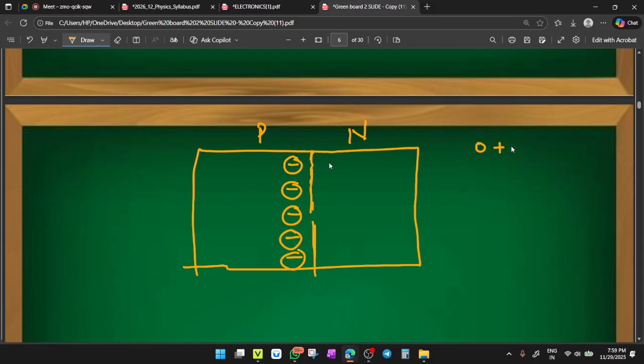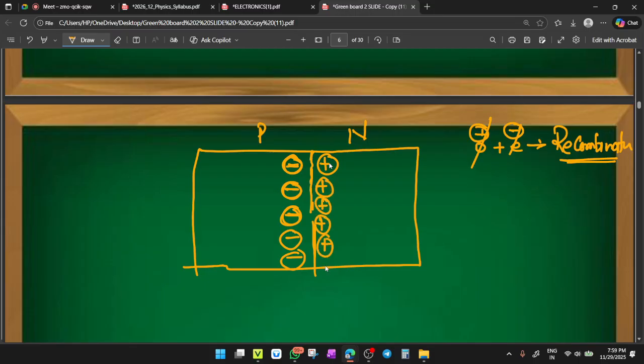When a hole, which is a positive charge, and an electron, which is a negative charge, meet together, this is called recombination. Clear? So they will cancel each other. So only negative immobile charges will be left near the junction on this side, and only positive charges will be left here near the junction. So positive and negative immobile charges will be there.